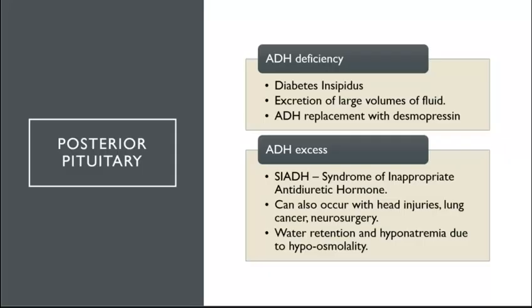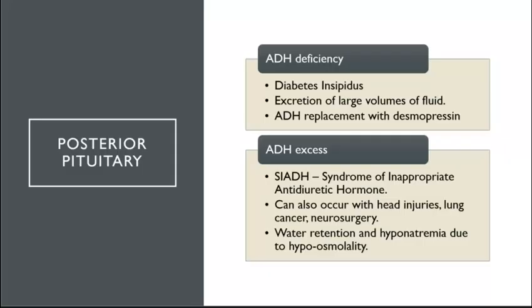So a quick overview. ADH deficiency is diabetes insipidus, excretion of large volumes of fluid. Think about my patient drinking out of the toilet because she was peeing and drinking. Nothing was being absorbed into the cell. ADH replacement is warranted, and it is called desmopressin. Now, if we have too much ADH, that's SIADH, syndrome of inappropriate antidiuretic hormone.